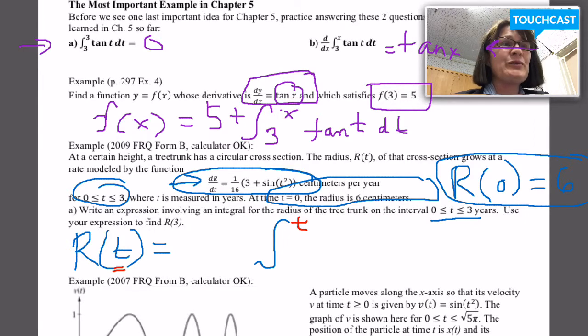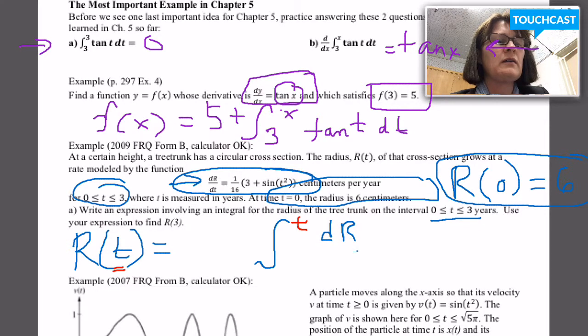The problem is I can't use t because t is the variable in my integrand here. So you could just name another variable. Pick your favorite variable. I'll go back to blue. dR/d, you could use x. You could use w. You could use any letter you want.